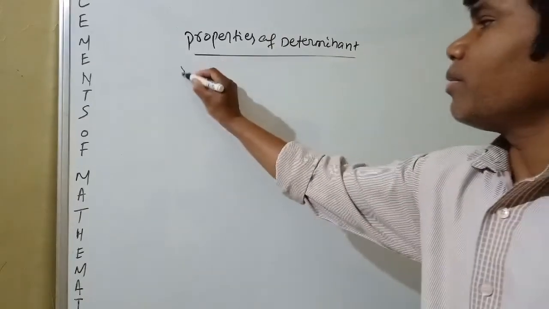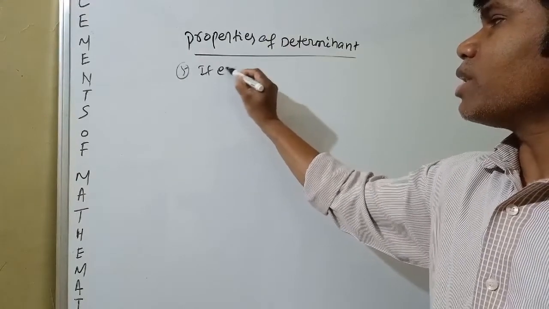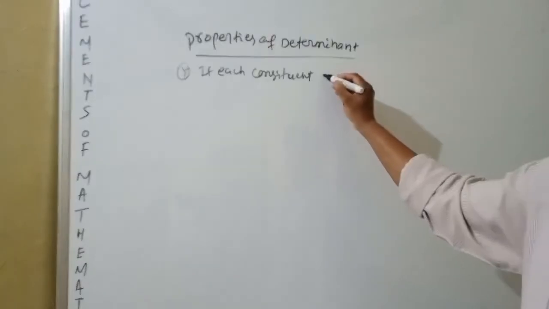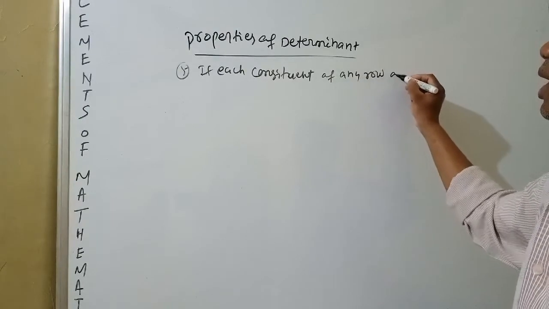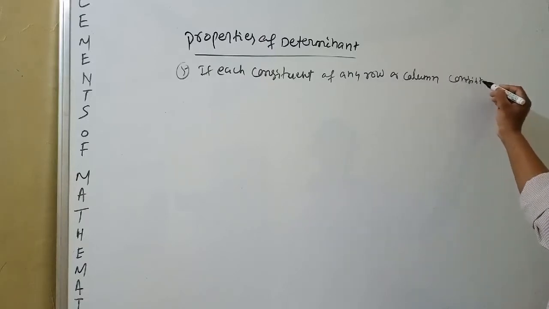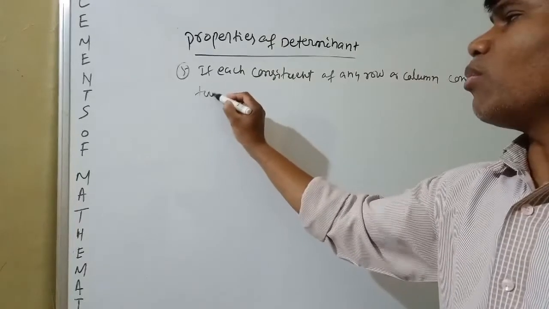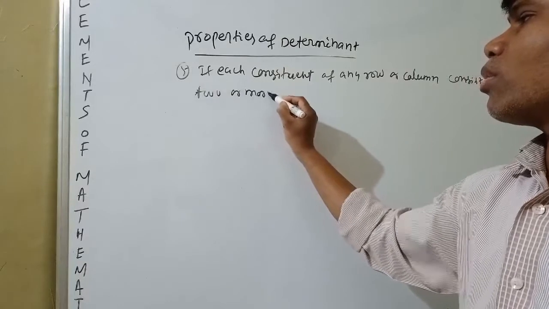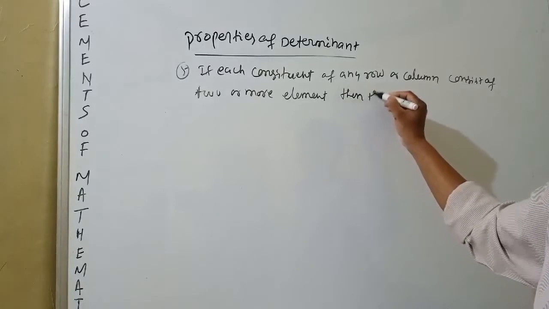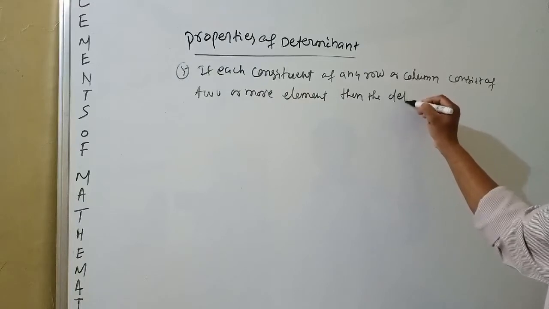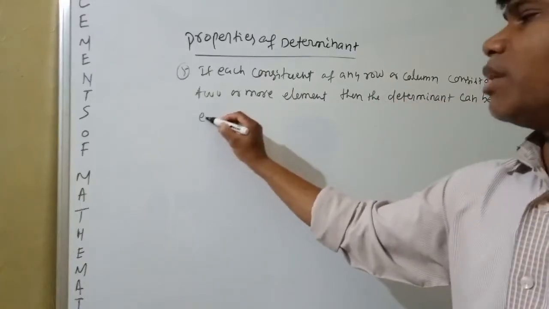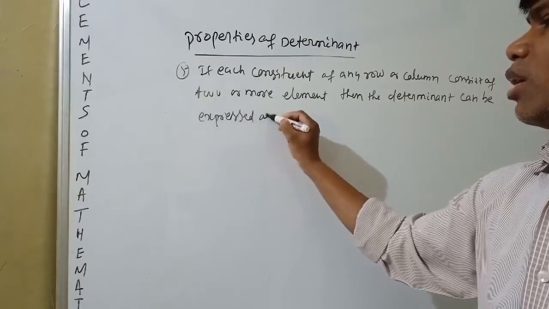Let us see the fifth property. If each constituent of any row or column consists of 2 or more elements, then the determinant can be expressed as 2 or more determinants.